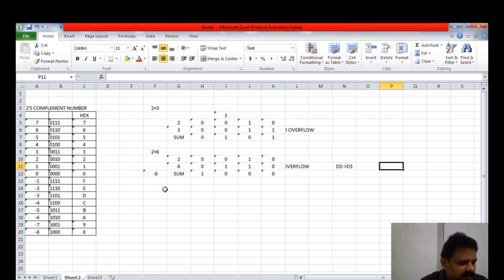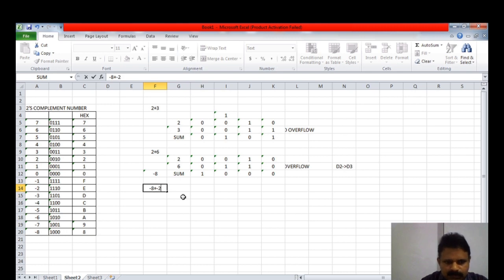Let us consider another example: -8 plus -2. We know the result. What is the pattern for -8?